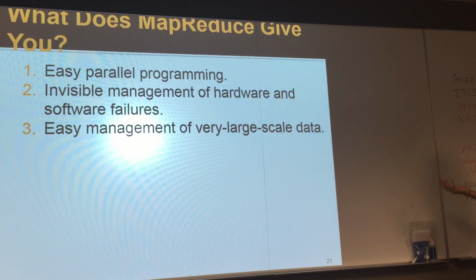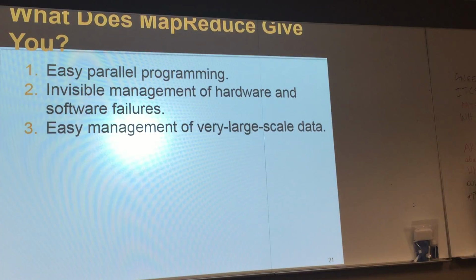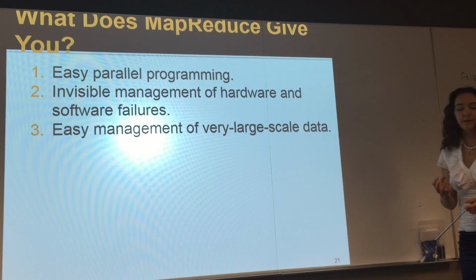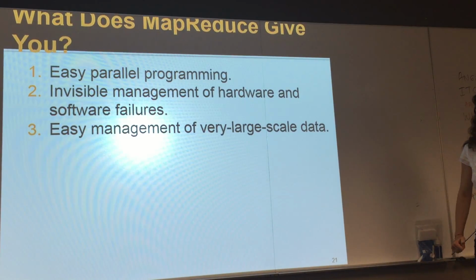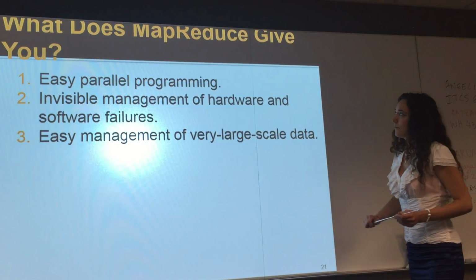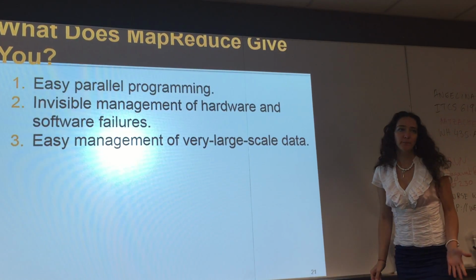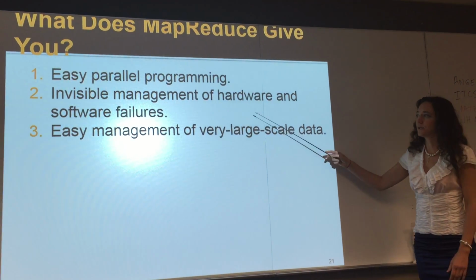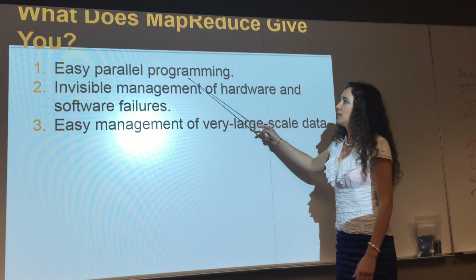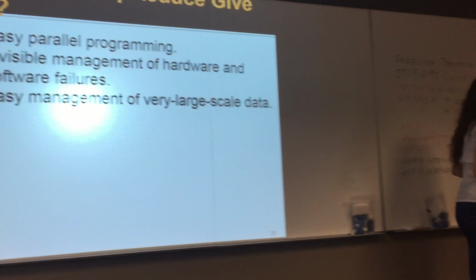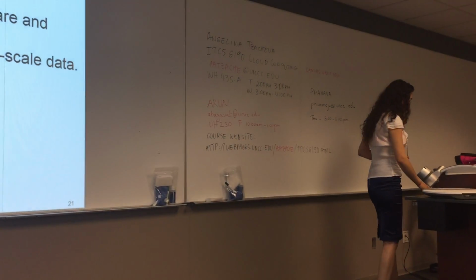If any of the pieces fail, that background system will take care of it by giving us the piece which is stored in another node. As a programmer of MapReduce, we don't have to care how that works because that's handled for us. And it allows us to easily design programs that will process in a parallel environment.